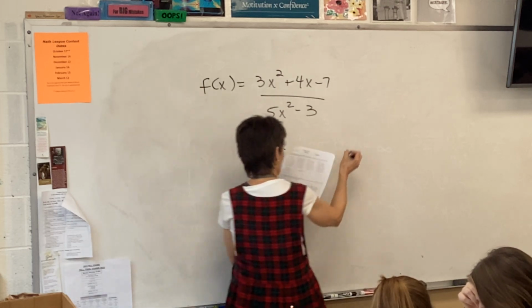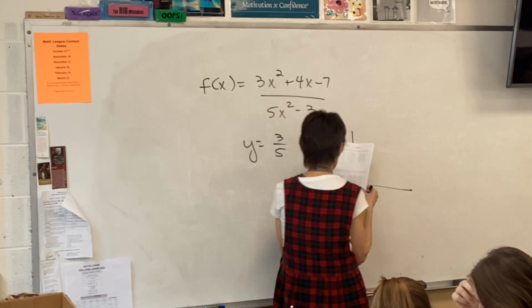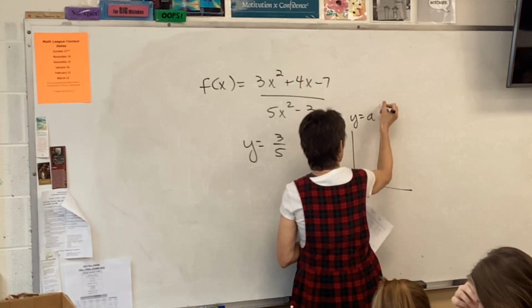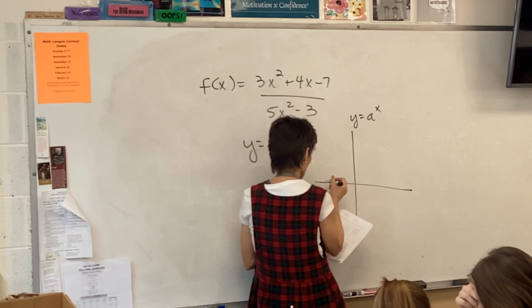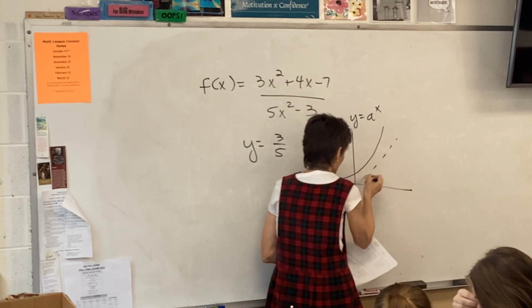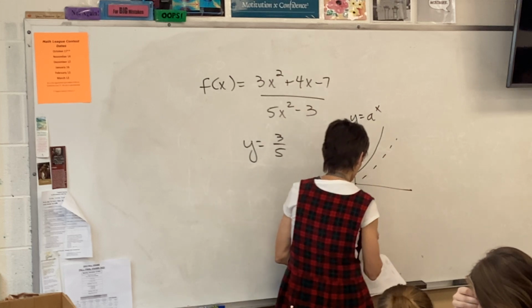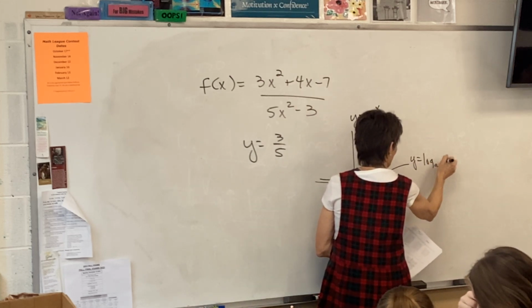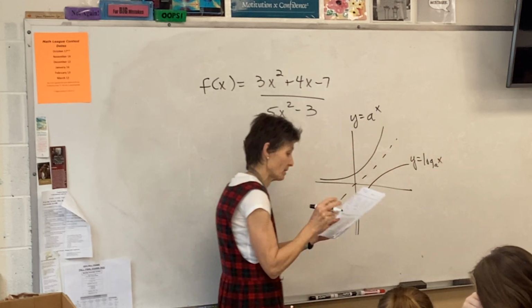So the exponential y equals a to the x was sketched for you on here. And so then you were doing the inverse, which would be y equals log base a of x. That would be the inverse function.